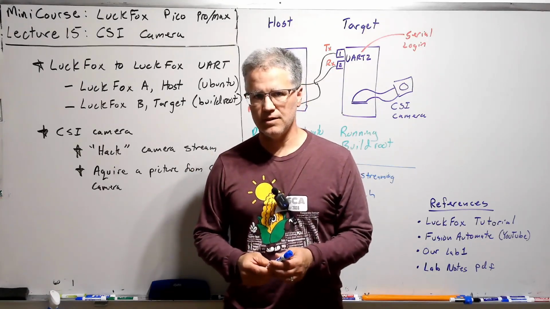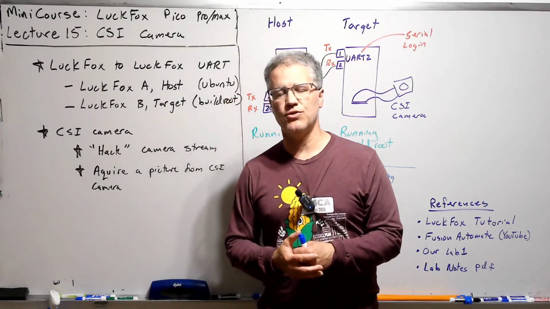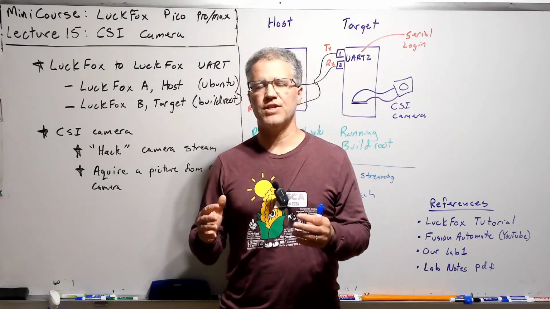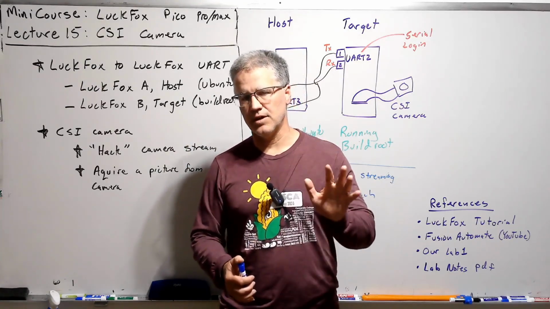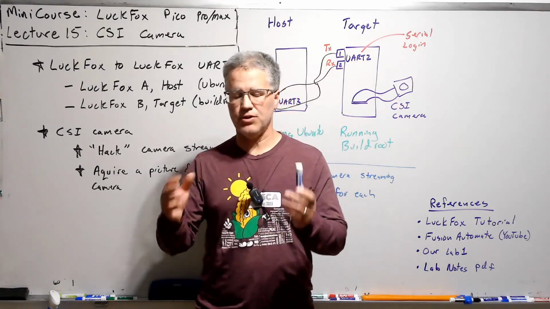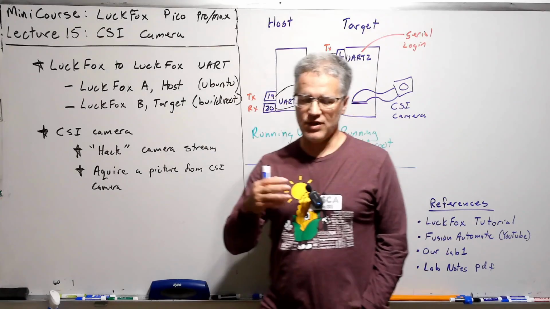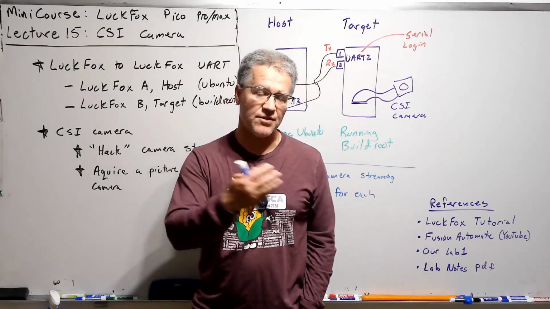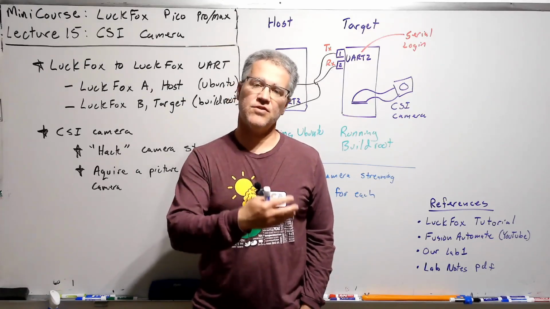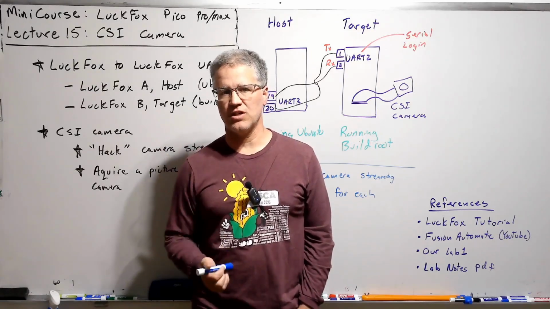So we know that we can boot up either as Ubuntu, which we've been doing in this whole series, or you can boot into the Buildroot system. It would be nice if we could utilize the camera from the Ubuntu side of things. We did another video on using a camera through the USB camera, but it'd be nice if we could use the actual LuckFox camera.